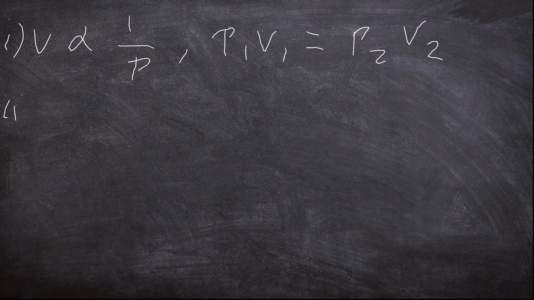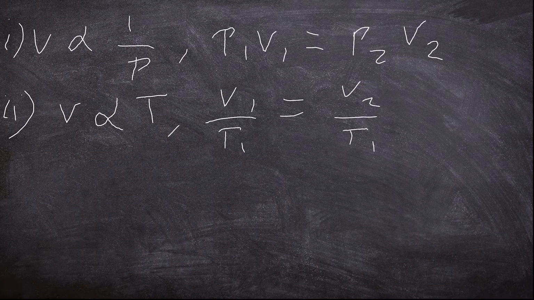Second, we discussed Charles's law: volume is directly proportional to temperature. We can write that in an equation as V1 upon T1 equals V2 upon T2.